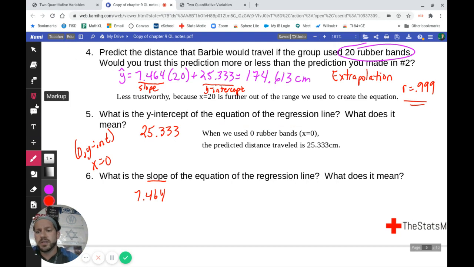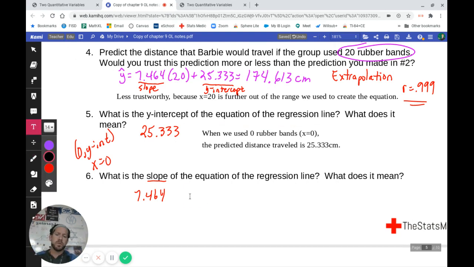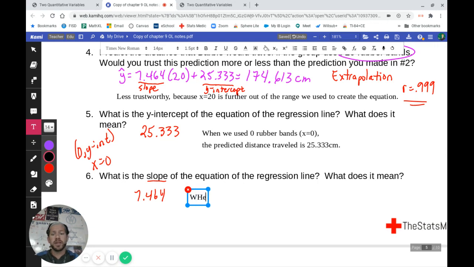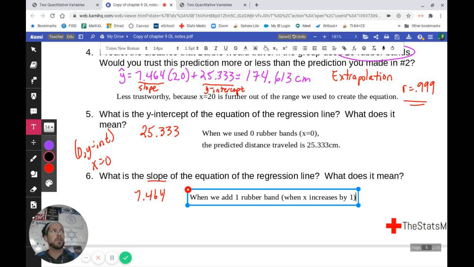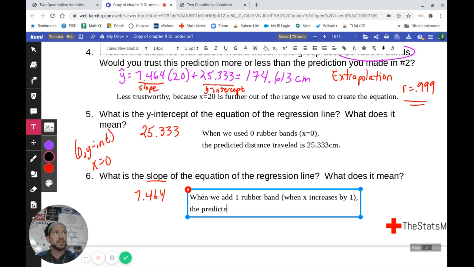And what that slope tells us is that when we add one rubber band, so when x increases by 1, in this case, x is our rubber bands, the predicted distance traveled by Barbie increases, because it's positive, by that slope of 7.464 centimeters.